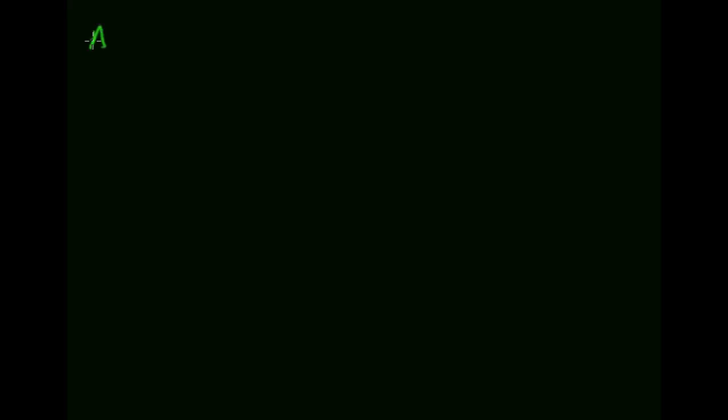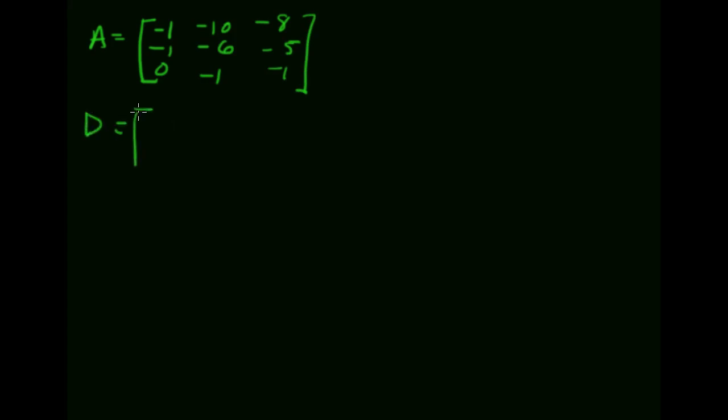The A matrix here is negative 1, negative 1, 0, negative 10, negative 6, negative 1, negative 8, negative 5, negative 1. Now, I'm not going to write out the whole list, but the D matrix here has some really big numbers.